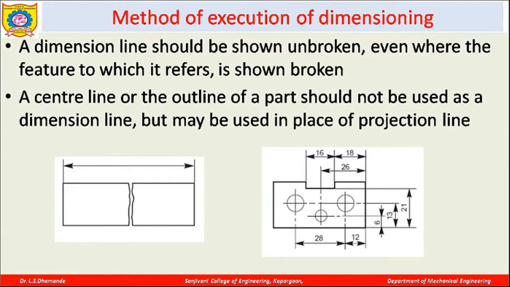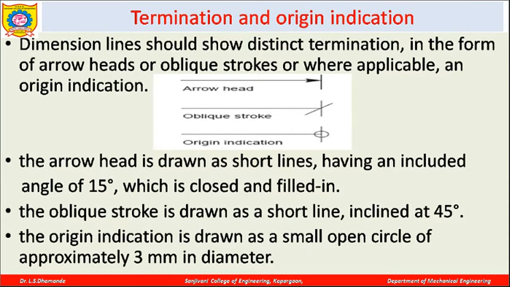Now we'll discuss the termination and origin indication once again. The dimension line should show distinct termination in the form of arrowheads or oblique strokes, or where applicable an origin indication. In the previous slide we have seen this origin indication, the oblique stroke, and the arrowhead. So these are the three ways by which you can show the termination and origin indication in a drawing.